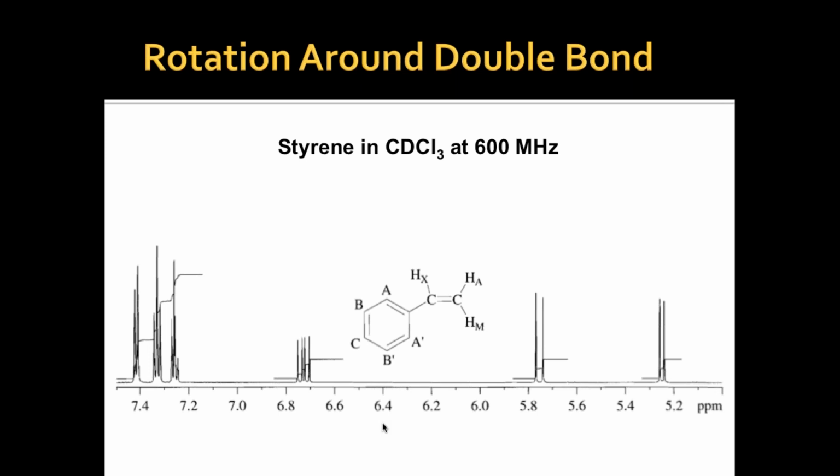Once you see the example of styrene, the thing is that I have a set of protons, X, A, M. Some peaks are at 5.2, some at 5.7, some at 6.7, some showing 7.2.